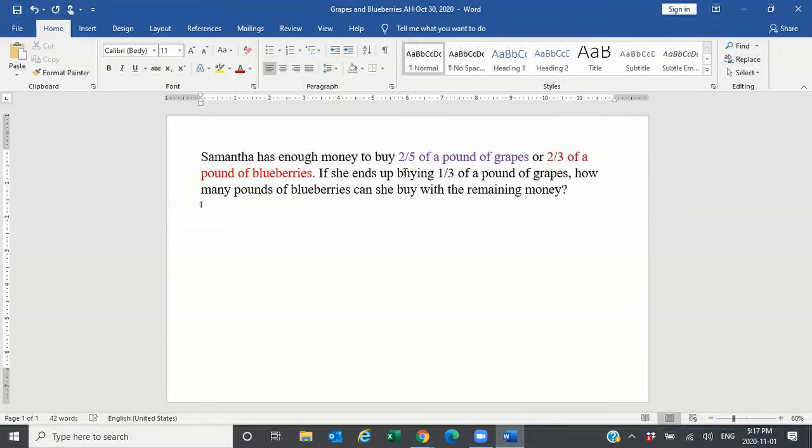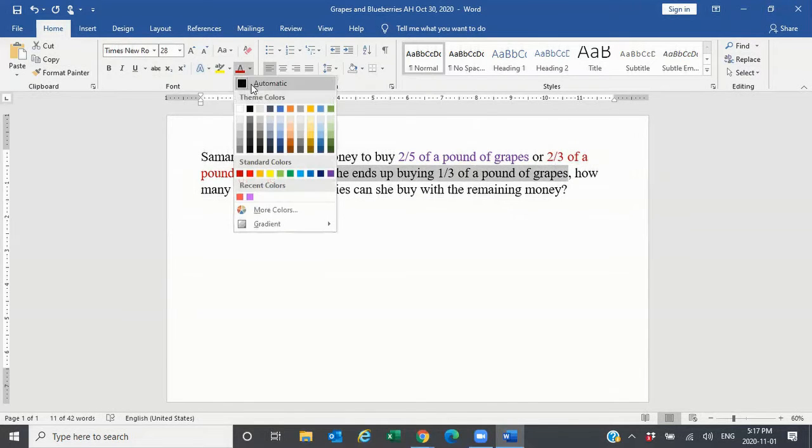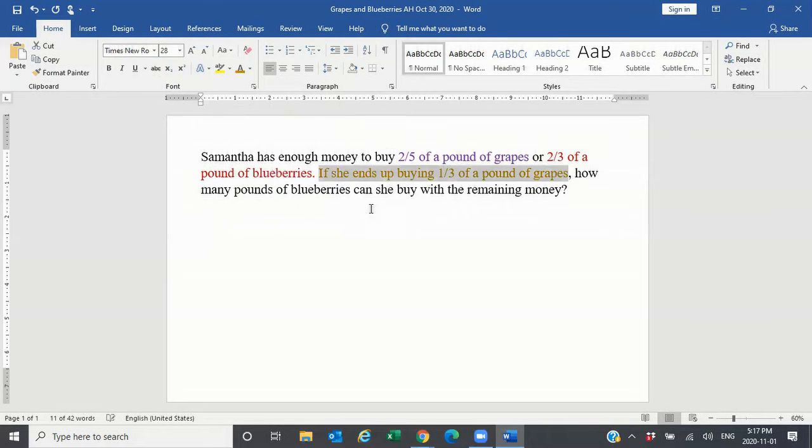And now for 1/3 of a pound of grapes, where it says that, I'm going to make it yellow. All right, so we've done that.